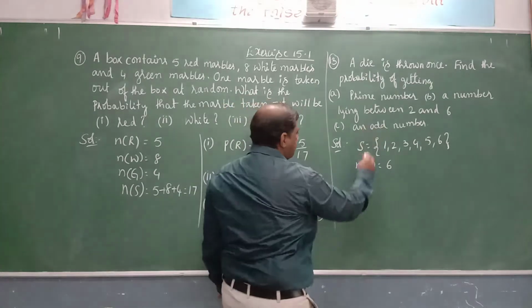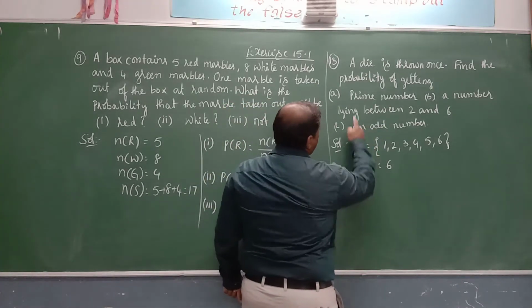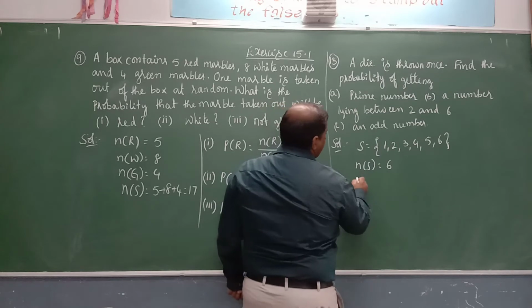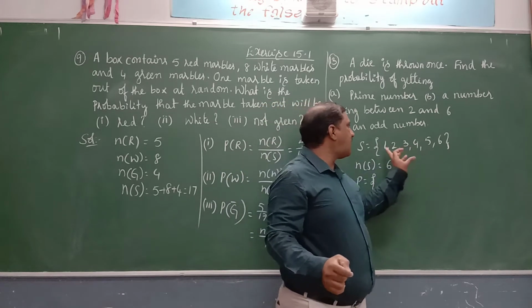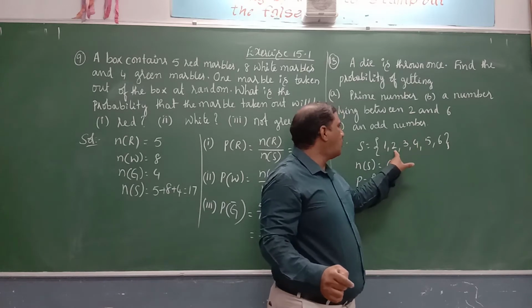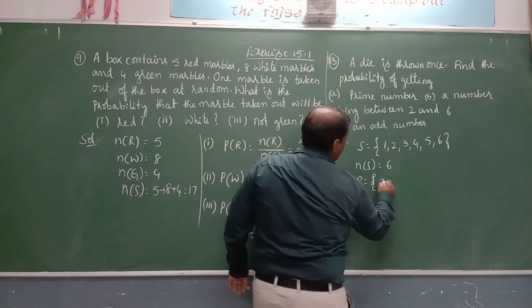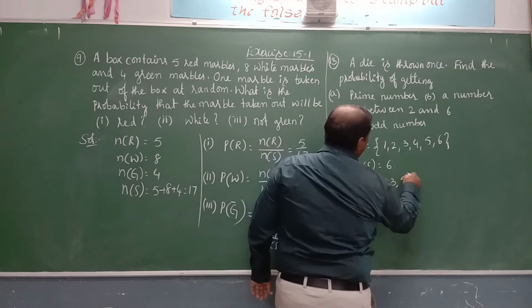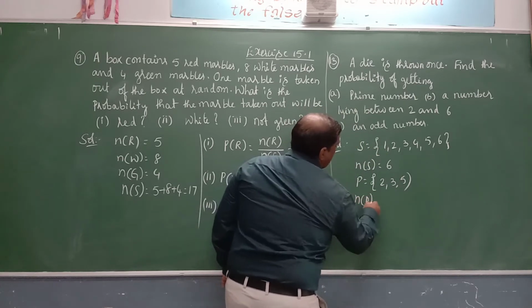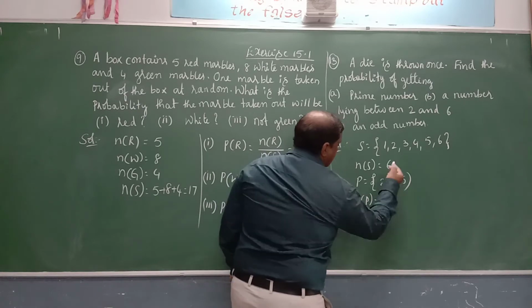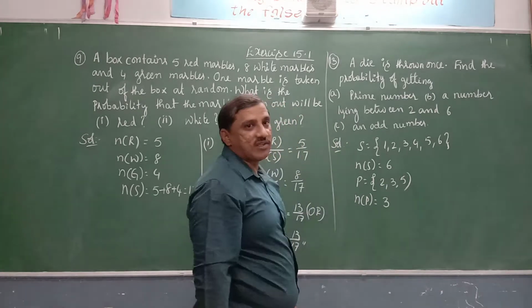Now, a prime number. Let us take it as p. P stands for prime number. So how many prime numbers are there from 1 to 6? 2, 3 and 5. Right? So n of p, the number of prime numbers, is equal to 3.